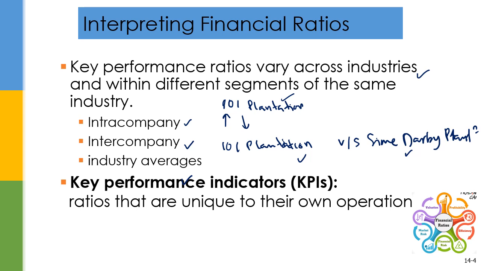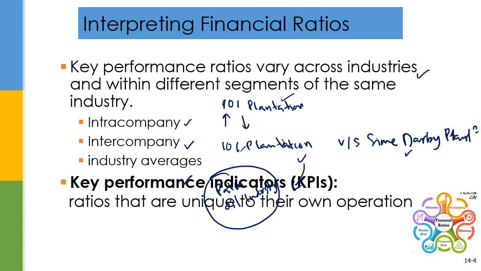For example, we have here the whole palm oil industry. You can check how many companies are categorized under the palm oil industry in Bursa Malaysia, and we can compare how IOI scores compared to the industry average score.